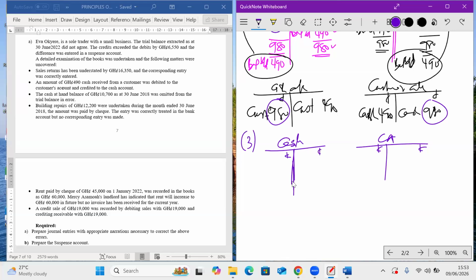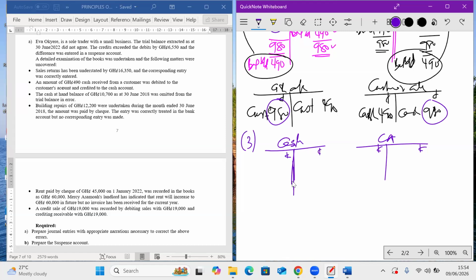So here, it was not in the cash account. It doesn't mean they didn't mention the other account. That other account is correct, and it is in the trial balance, but this one is not in the trial balance because there was no figure in it. The error was that they didn't record anything. Assuming they had said the cash account balance of 10,700 as at 30th June was omitted from the trial balance in error, as well as the customer account, then it means that in both accounts nothing was written inside.